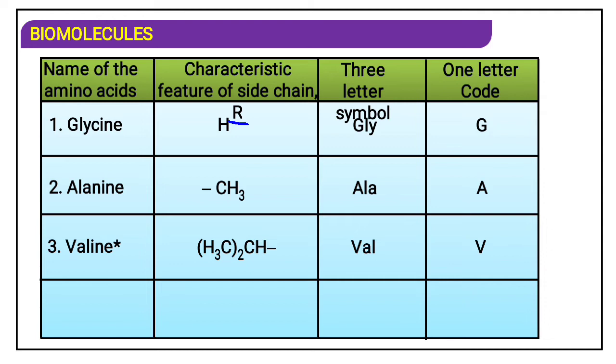What is the main chain? It is C, CH, on one side NH2, on the other side COOH.